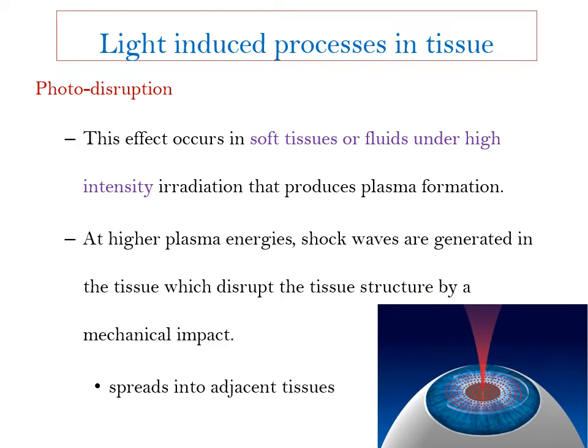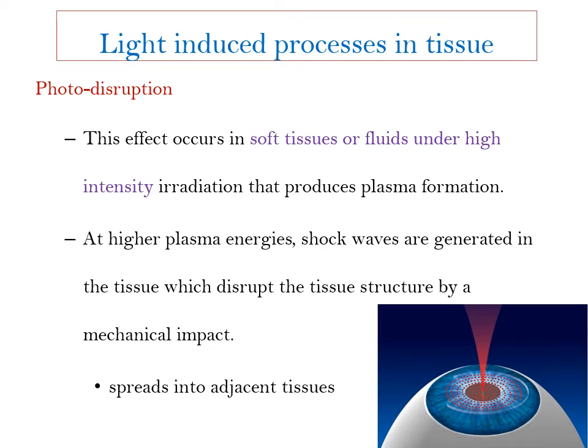Photodisruption is a phenomenon similar to plasma-induced ablation. Picosecond or femtosecond pulses permit the generation of high peak intensity with considerably lower pulse energies.